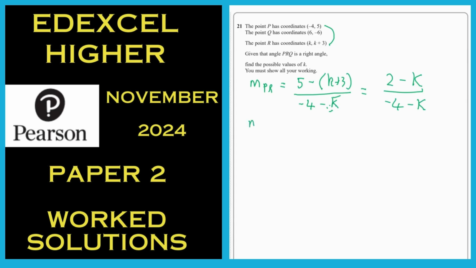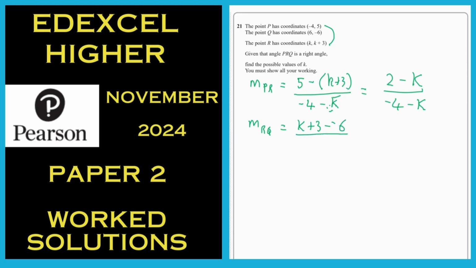Let's now do the gradient of R to Q. That means the Y coordinate of R, which is K plus 3, minus the Y coordinate of Q, minus 6.